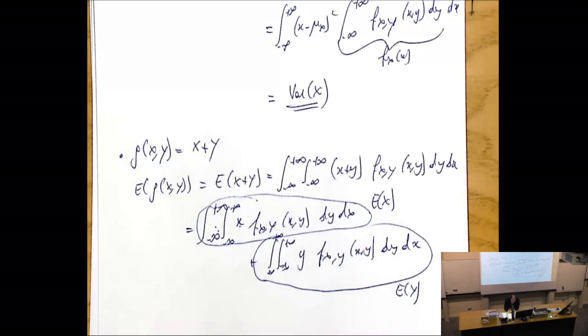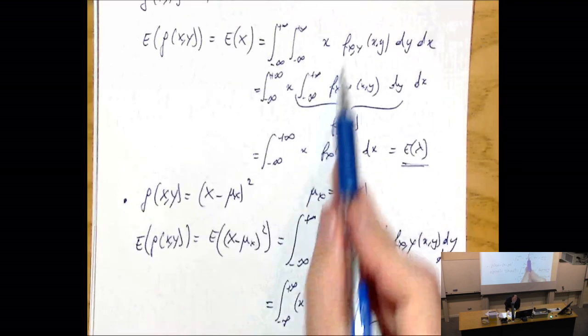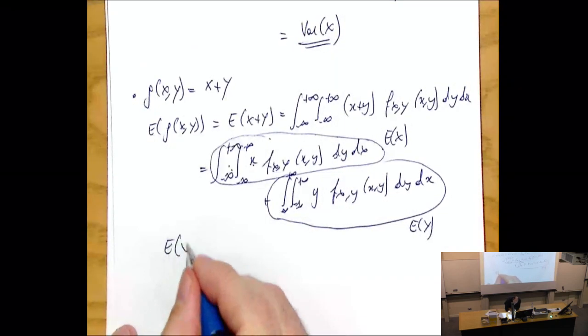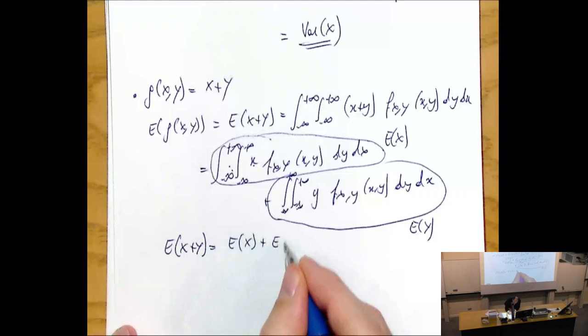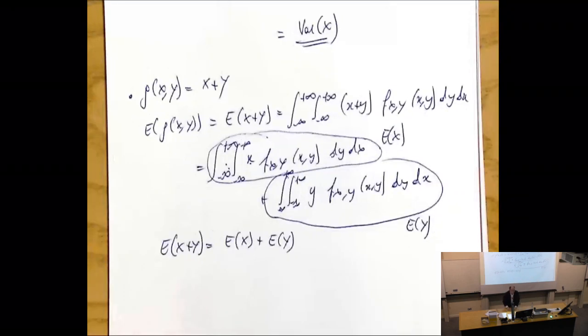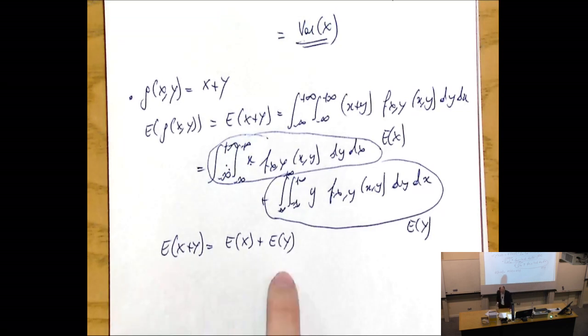This is the expectation of x, exactly as what we did here. So the expectation of x plus y is the expectation of x plus the expectation of y. I'm not making any further assumptions there. I'm not saying they are independent. I'm just saying we have two random variables, x and y, and you're looking at the expectation of x plus y. This is the sum of the expectations.